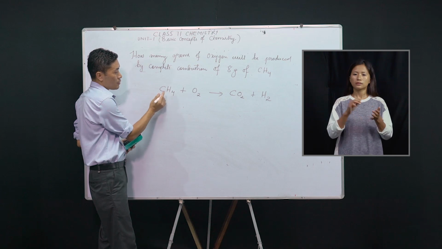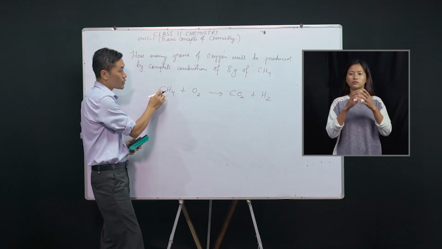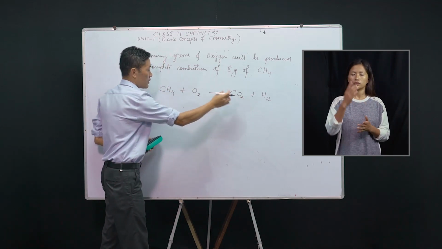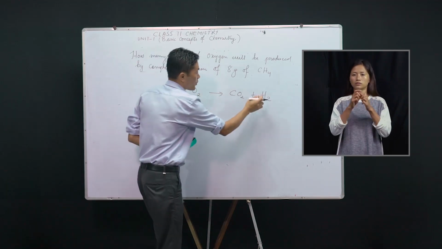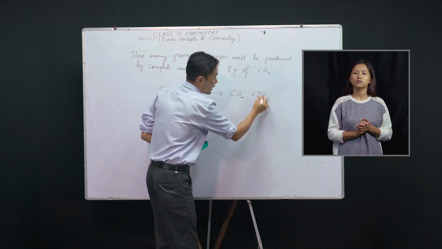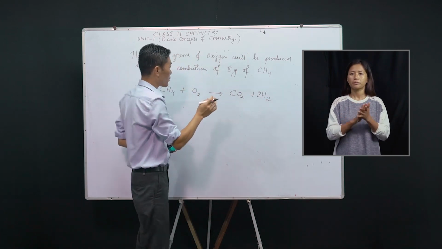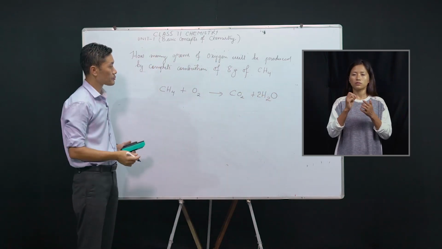In methane, one carbon atom is present. So, number of moles of carbon dioxide formed will be 1. And here we have 4 hydrogen atoms. So, number of atoms of hydrogen also in the product should be 4. So 2 molecules of water will be formed.